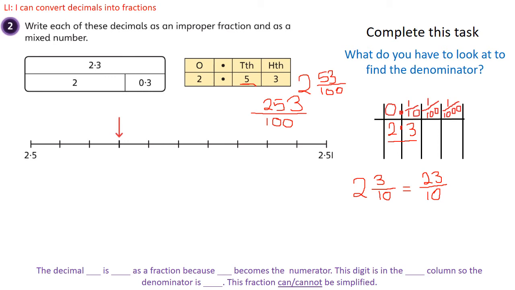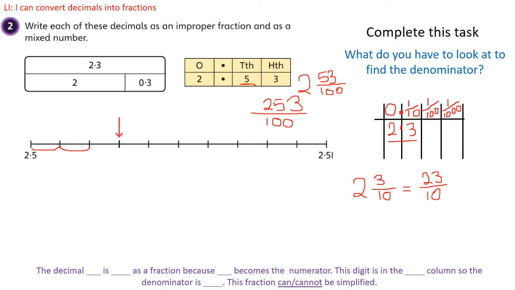Now, on this one, the first thing you've got to decide is what this number line is going up in. We're going from 2.5 to 2.51. 1, 2, 3, 4, 5, 6, 7, 8, 9, 10.